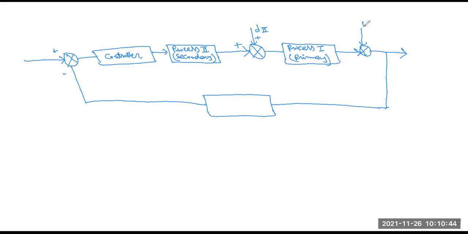This is the first process. This is the control output. And this is the feedback loop, and in that case we have to name it the measuring device.